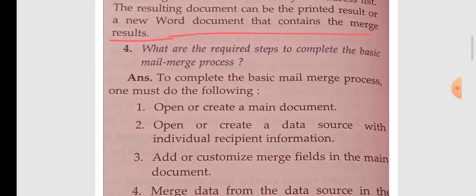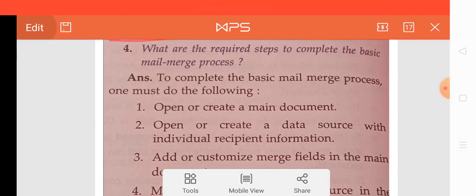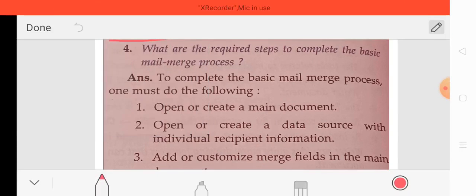Our next question is, what are the required steps to complete the basic mail merge process? Now in this question we have to mention the different steps used in mail merge option. So first of all, open or create a main document. Second thing is, open or create a data source with individual recipient information.